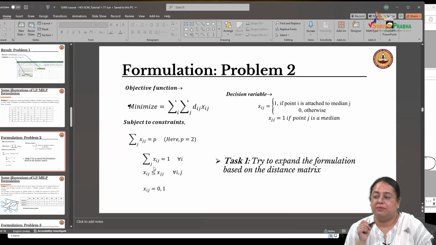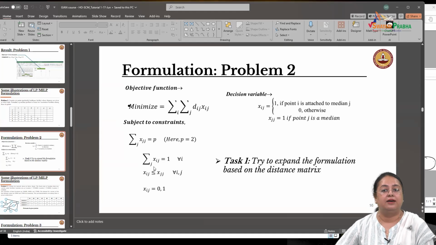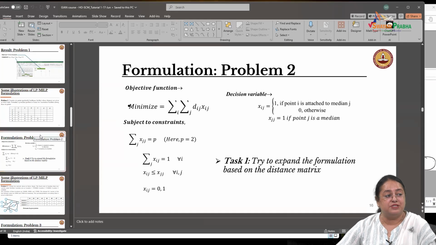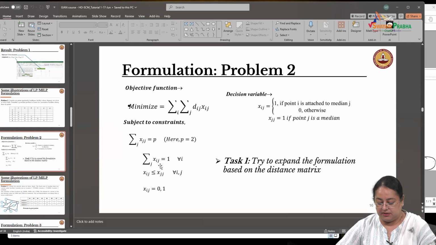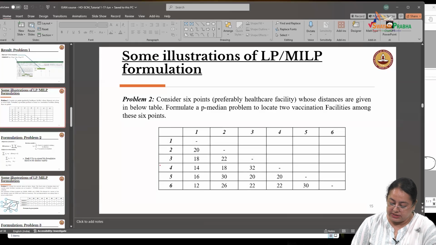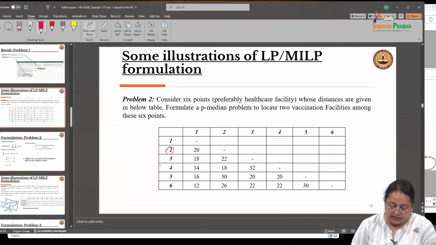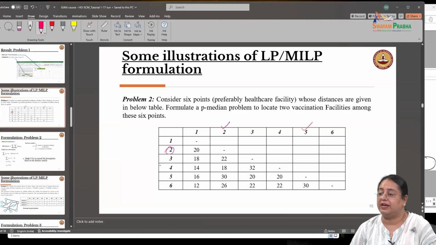Now here, one more difference. In the previous problem, you will tell me the difference. Now what this problem is saying is, suppose this is J facility for us. Suppose this is selected as a potential healthcare facility, and another potential facility is say 5, P is equal to 2.